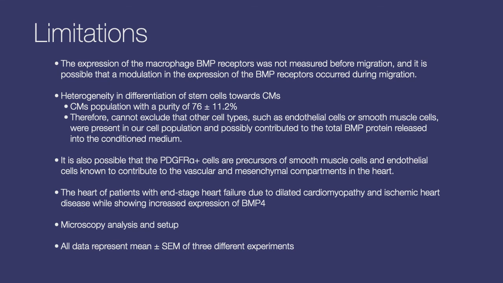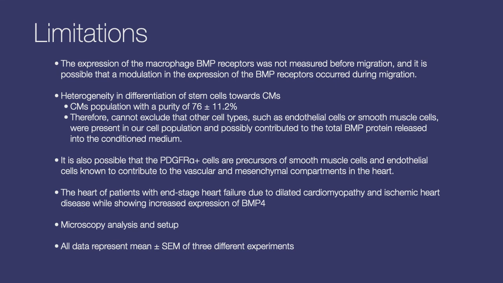For the cardiomyocyte population that they were able to induce, they only were able to get a purity of about 76%. Therefore, they really weren't able to rule out contributions of other cell types in the contribution of BMP protein released into the conditioned medium.